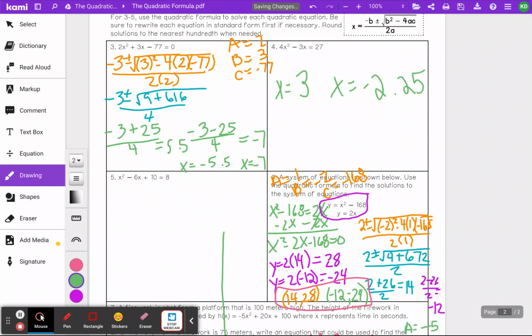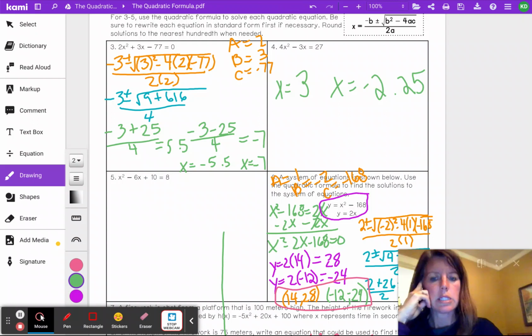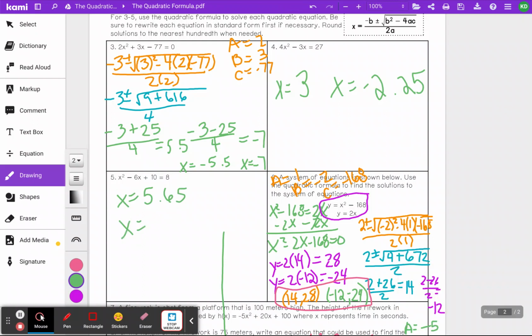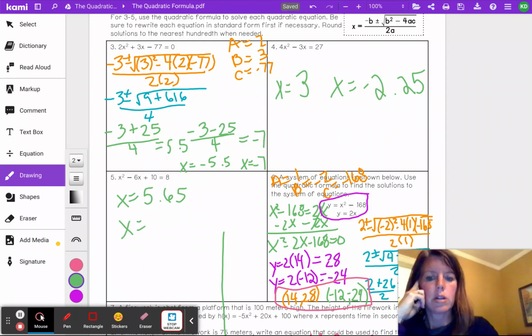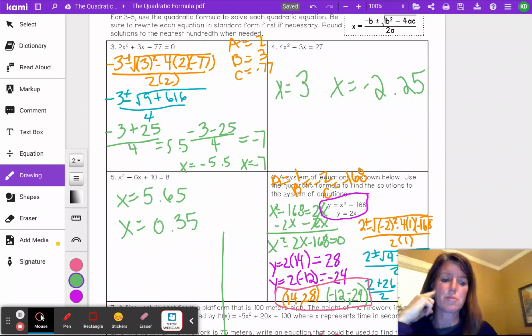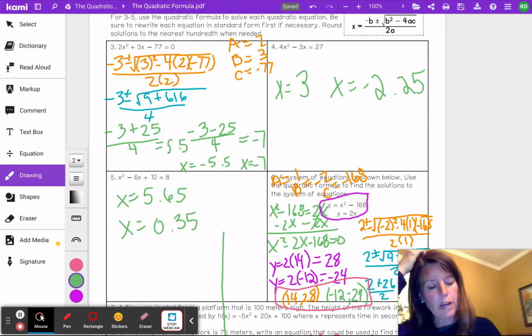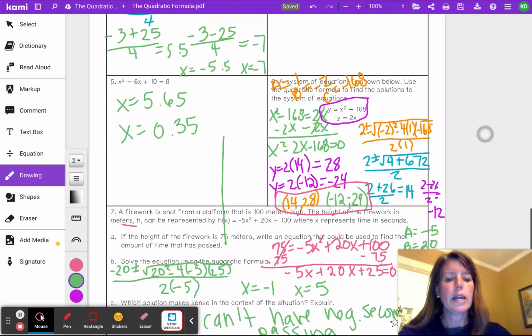And then if you want to pause me before I tell you the next answer, and see what that is, or try to work it on your own. x equals 5.65 and x equals 0.35. So if you're like, I got decimals, I must be wrong. You could be right. All right, there we go, guys.